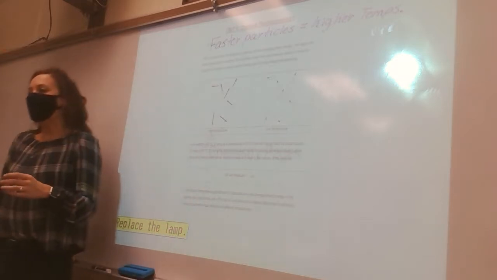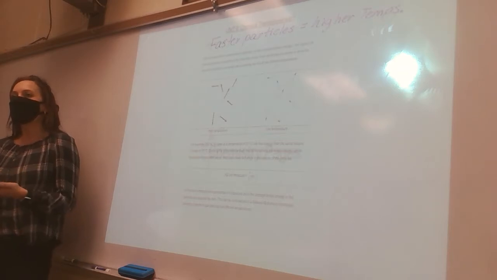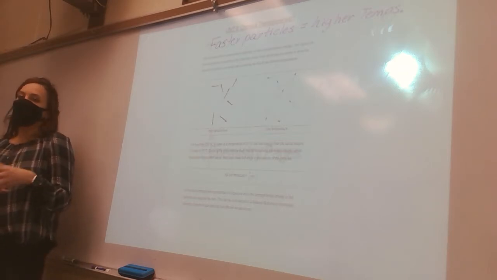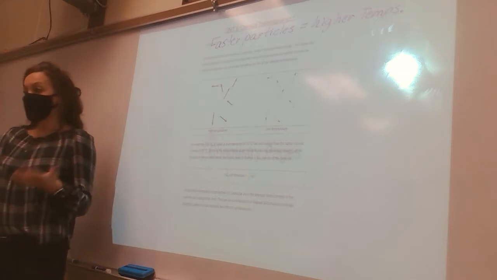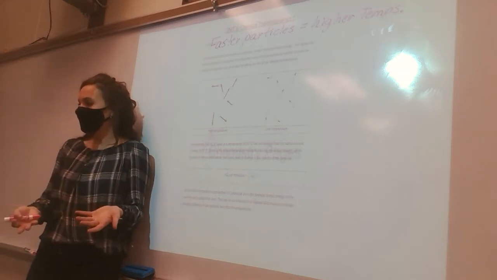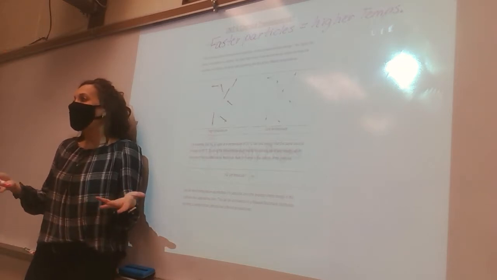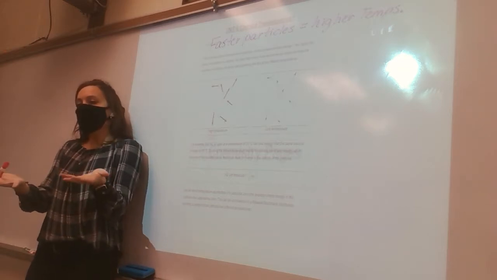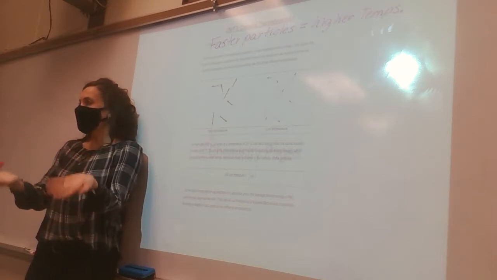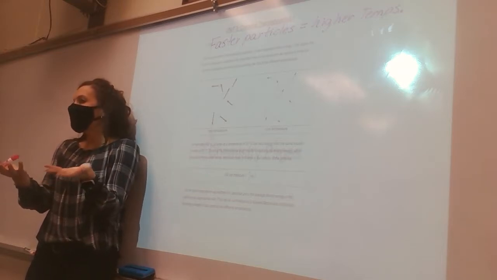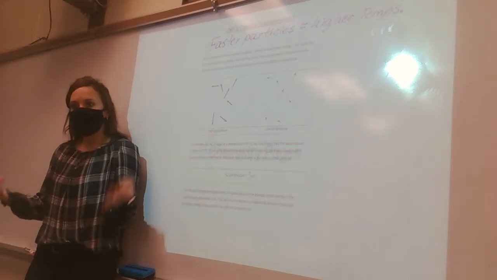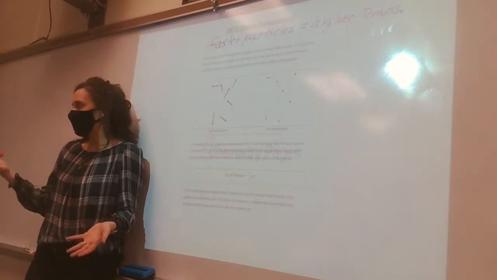So if you talk about heat, you're talking about the average speed of the particles. So if you put a pot of water on the stove before it's boiling, those particles are moving. But as the stove transfers its heat to the water, the particles start moving faster and faster as the temperature goes up.